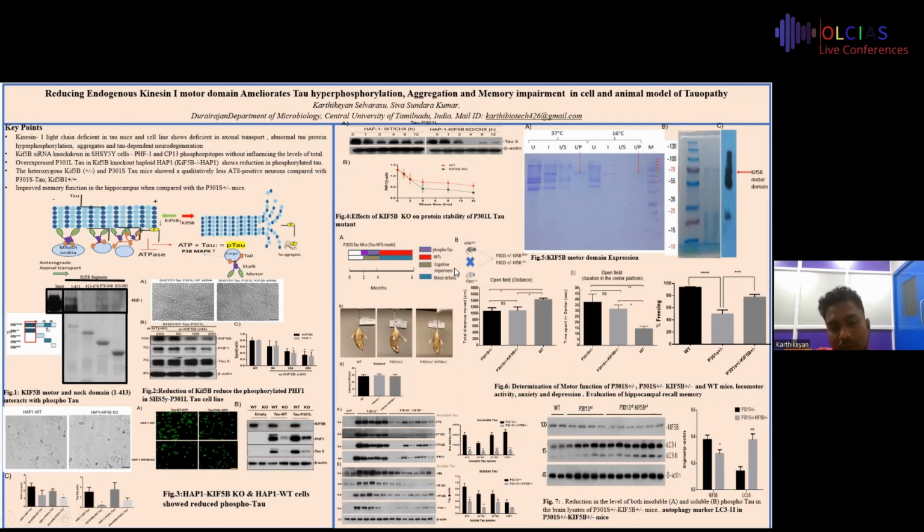So in the animal model, we generate the heterozygous partial knockout of KIB. Then we go for some motor activity tests. When we give a response, how the character changes happened in response to the knockout of KIB.